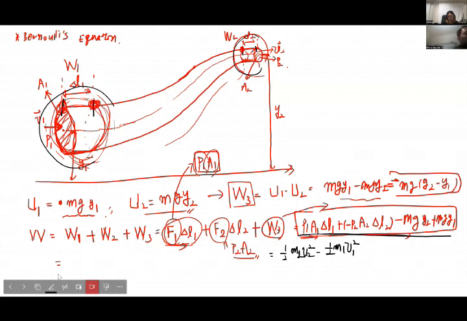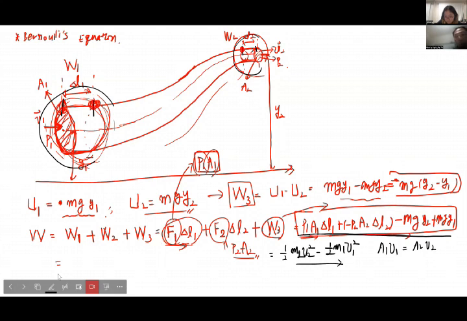So now you apply the volume rate of flow. Remember, area times velocity is the same as area times the velocity too.